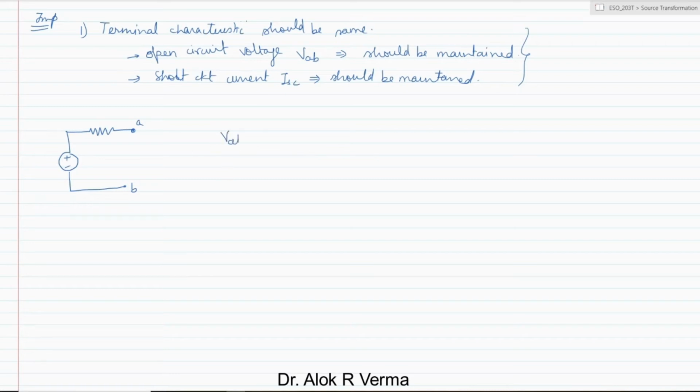We'll maintain Vs and Rs in the case of the voltage source. The open circuit voltage between terminals A and B is nothing but Vs. And when A and B are shorted, this is for the voltage source. Now on the other side, this is the open circuit voltage. We'll mention that.